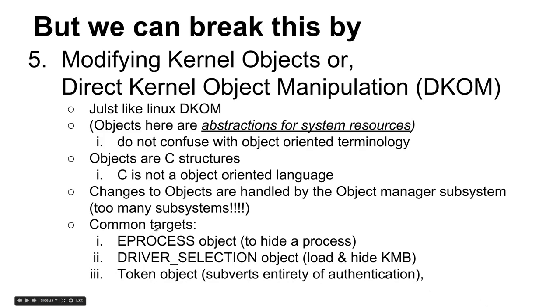Here there are very common targets: the EPROCESS object, which is targeted to hide processes; the driver object to load and hide a kernel mode driver, that should be KMD, sorry; token objects, which are used for authentication, and so on. It is probably impossible for a defender to exhaustively measure the integrity of all of these objects across all versions of an operating system, especially since they come out with a new one every 2 years.